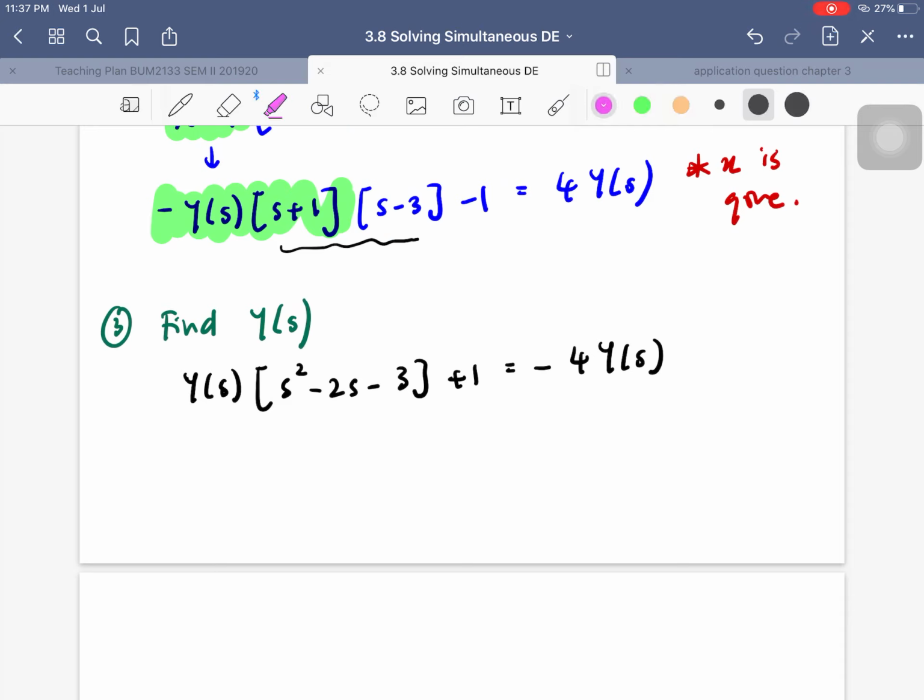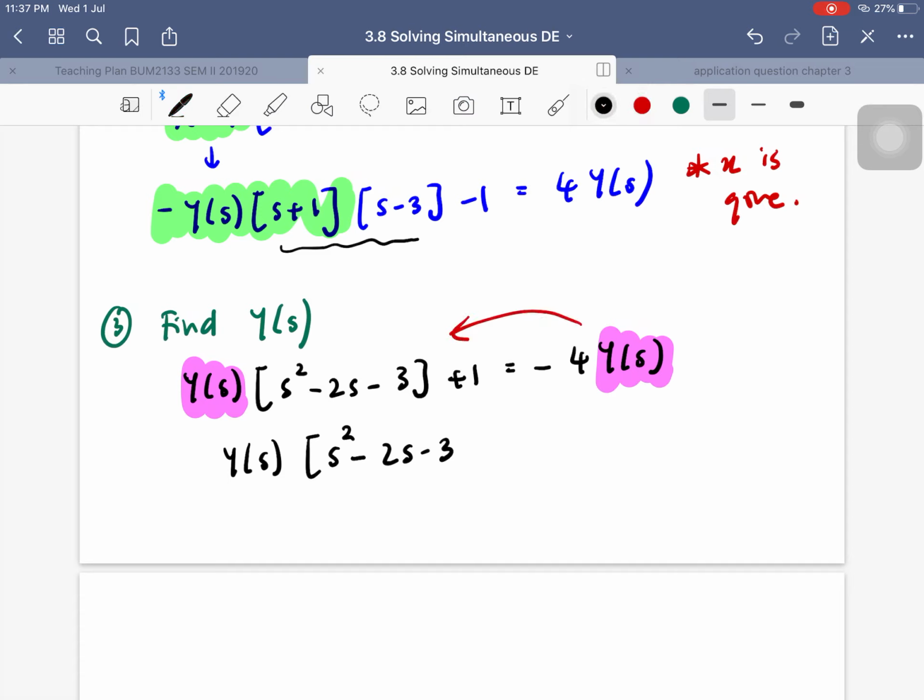Both of these are in terms of Y, so I put them together: Y(s) multiplied by (s squared minus 2s minus 3). Bringing this over to the other side, the negative becomes plus 4, and that is going to equal negative 1.